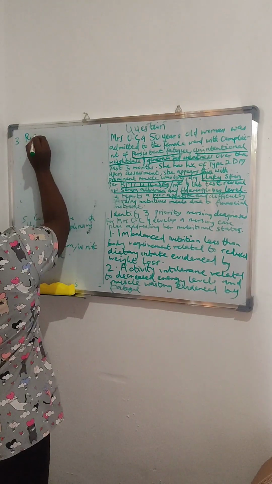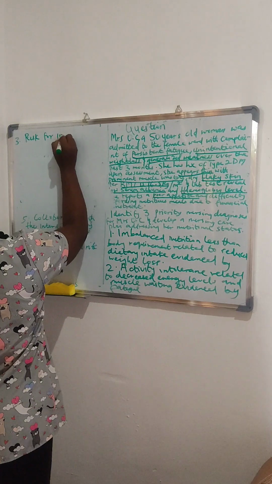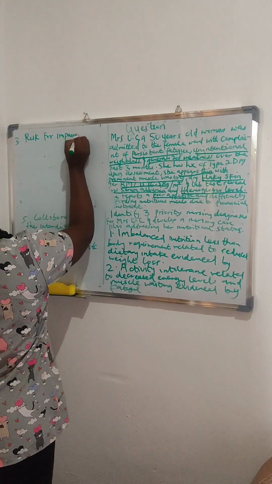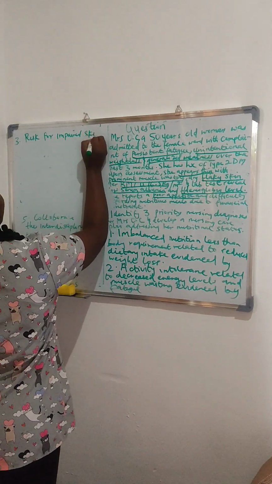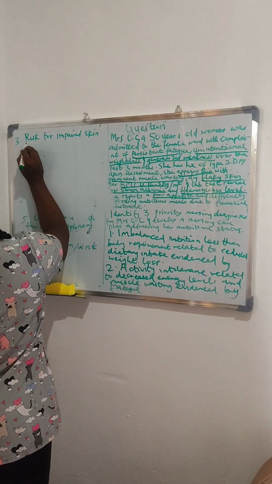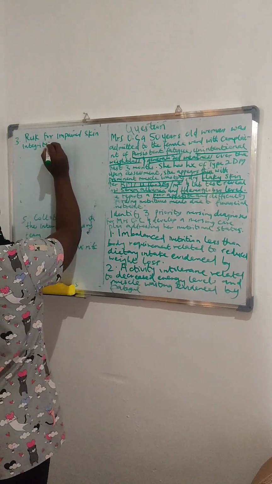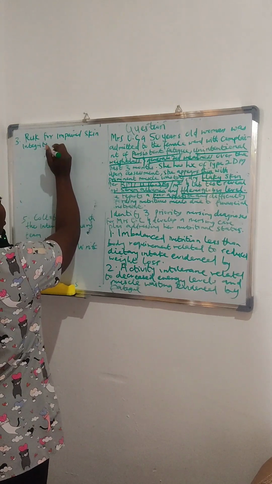The third nursing diagnosis is risk for impaired skin integrity. Our patient has dry and flaky skin, and if the patient falls, it can lead to wounds.